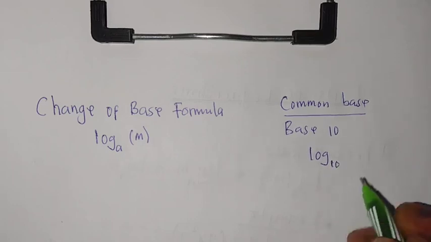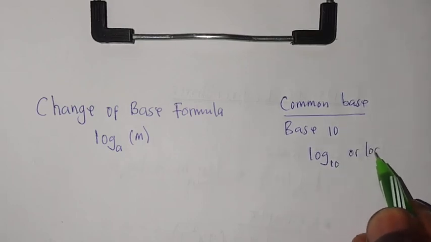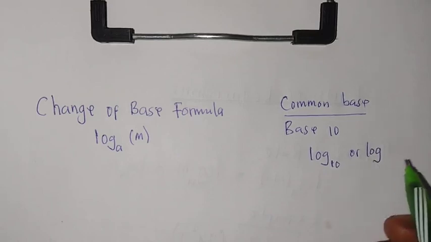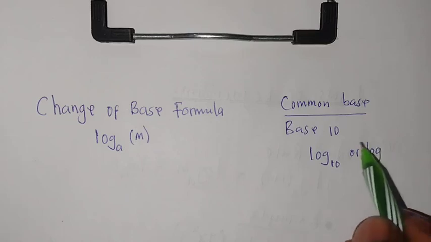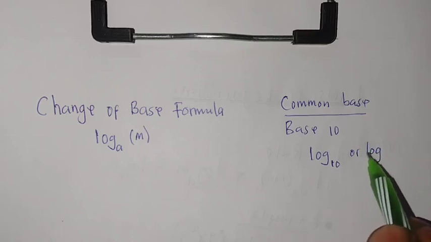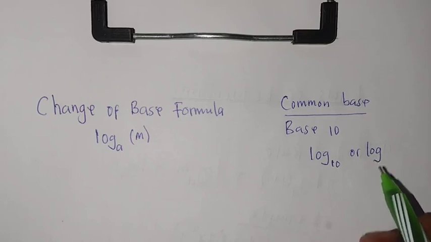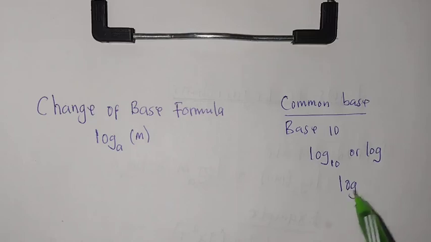You can put a 10 if you want, or just write it like this. You know that this is in base 10, so this is a common base. If the base of the logarithm is omitted, then you must take note that it is in base 10. For example, if you have log 6, you know that the base is 10. That is the information I wanted to share with you.